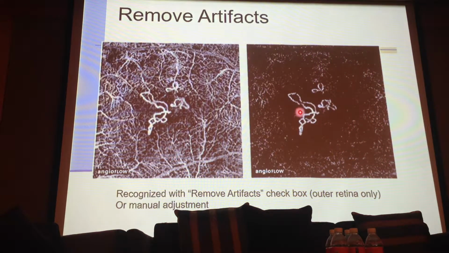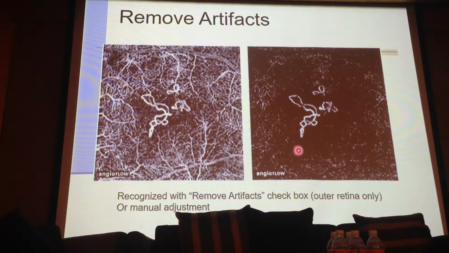But with the software, we have the ability to remove this artifact automatically. Well, not 100%, but you see, the one on the left is new vascularization with the projection artifact. And on the right, we turn on the remove artifact check box.